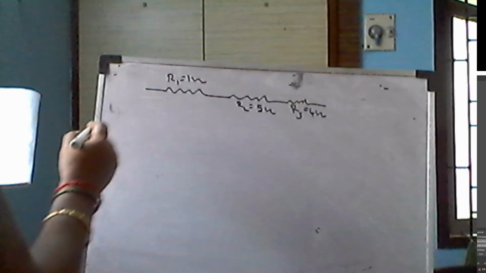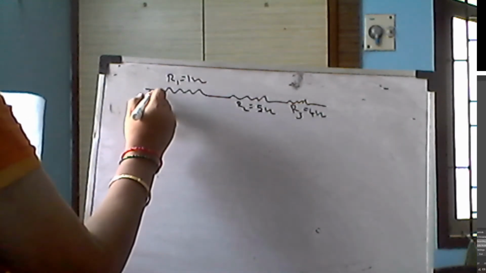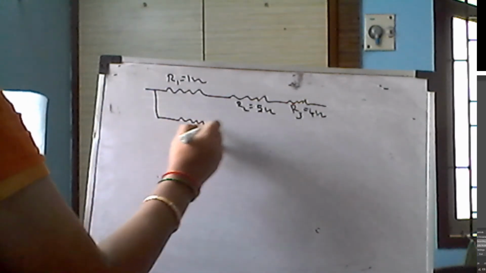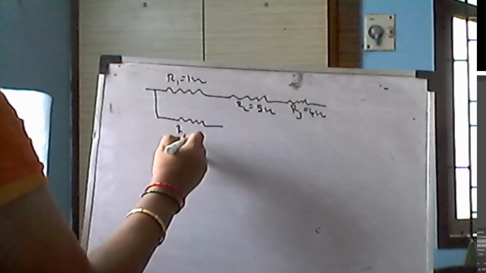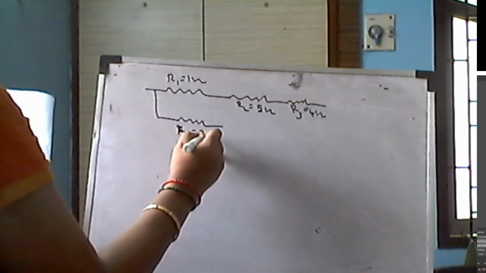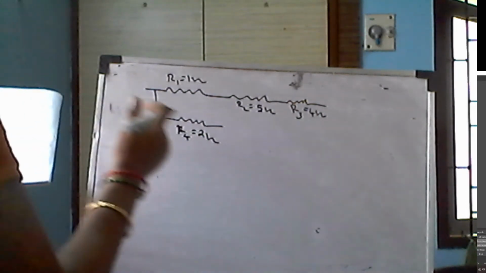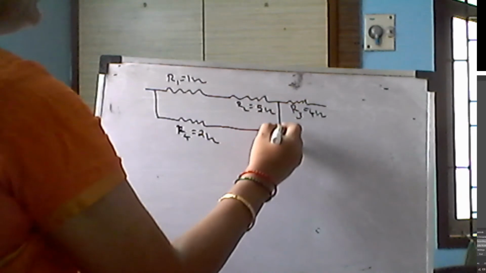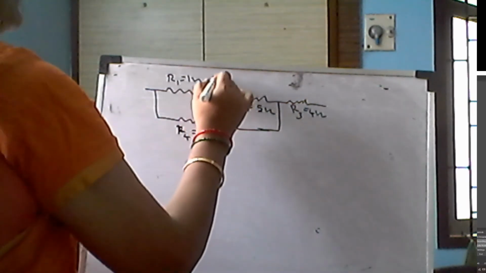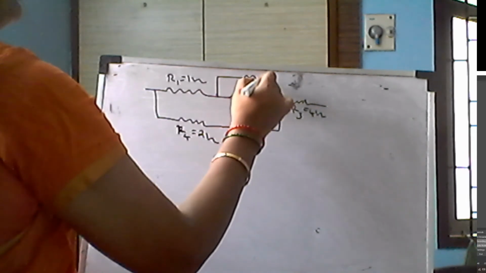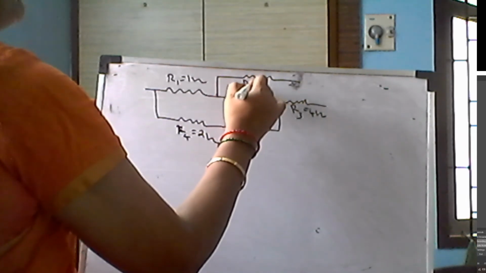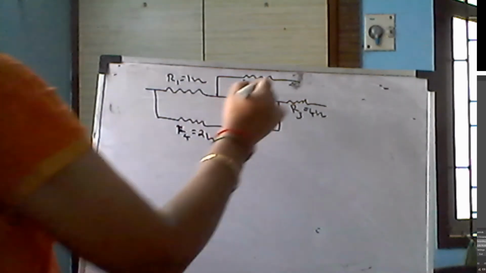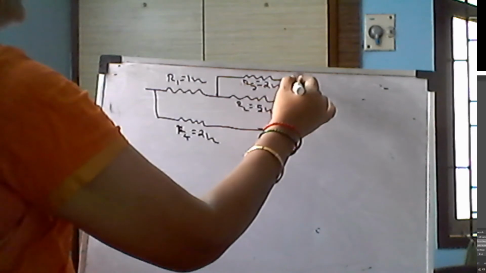Here this is R4, 2 ohm, connected like this, and then it is connected here like this. From here another connection, that is R5, 2 ohm, and here it is connected like this.